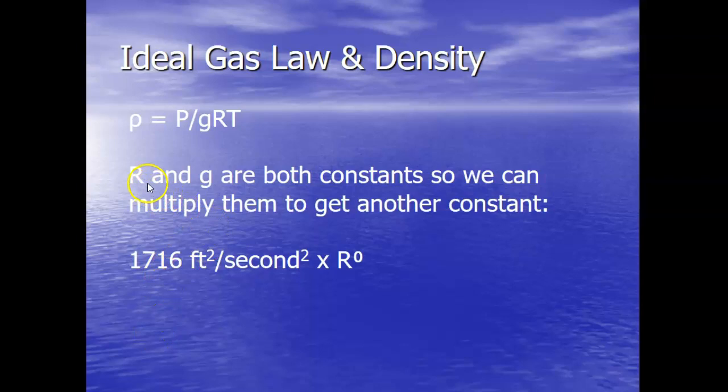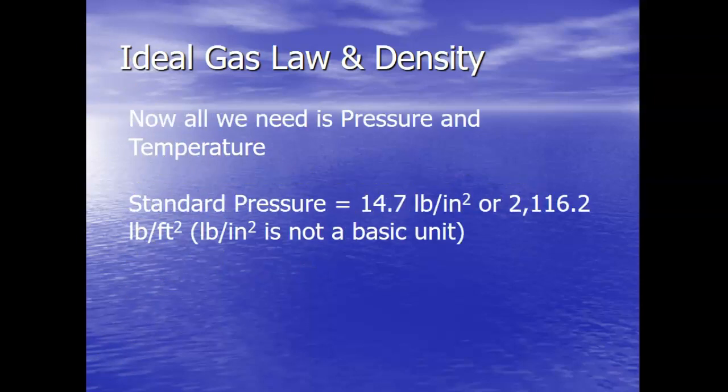Since both R, the gas constant, and G, gravity, are constants, we can multiply them together to get another constant. So when we do that, we get this value here. Now all we need is pressure and temperature.